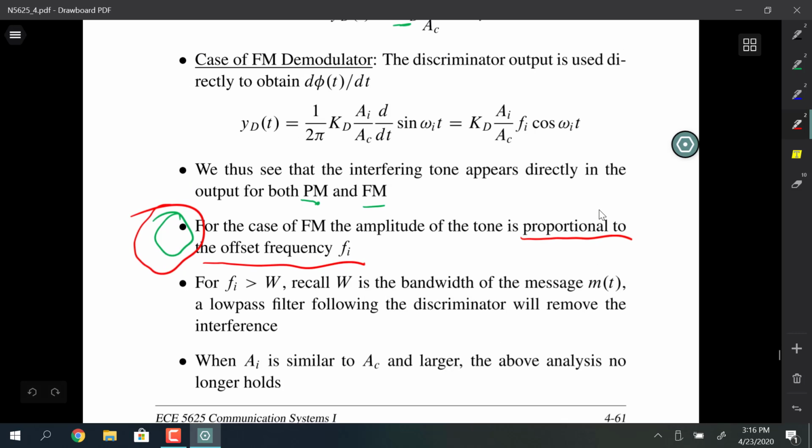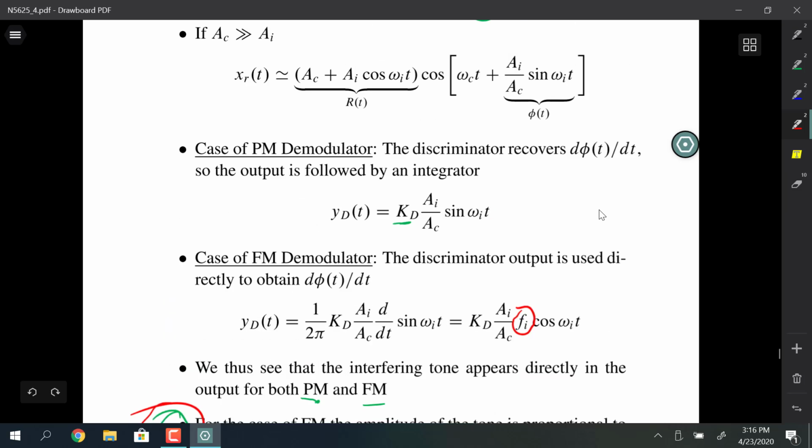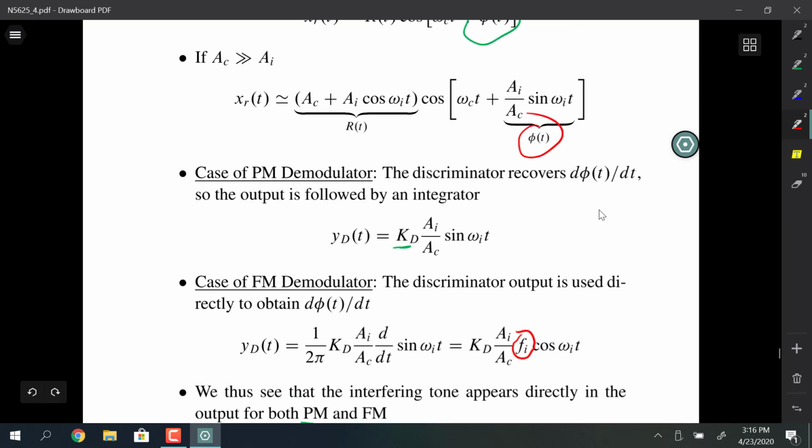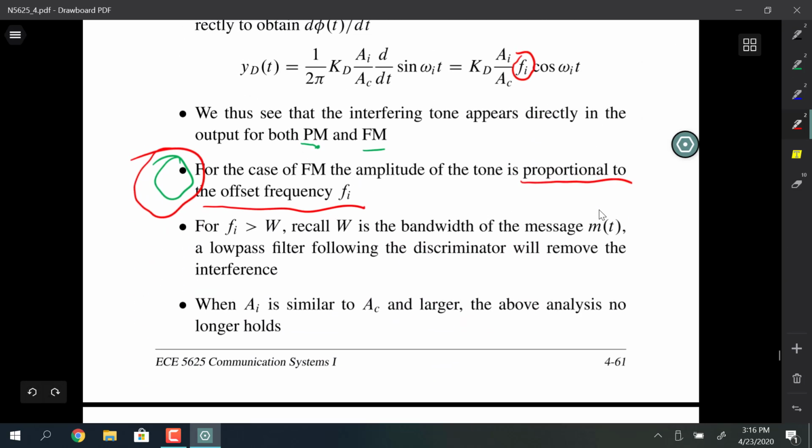And that's because when we take that derivative of the phi, we get this Fi that pops out. And that is kind of bad news. What it actually says is that as the signal gets further away from the carrier, it has a more impactful effect in terms of producing an interference that we're actually going to notice, because it gets stronger the further away it is.